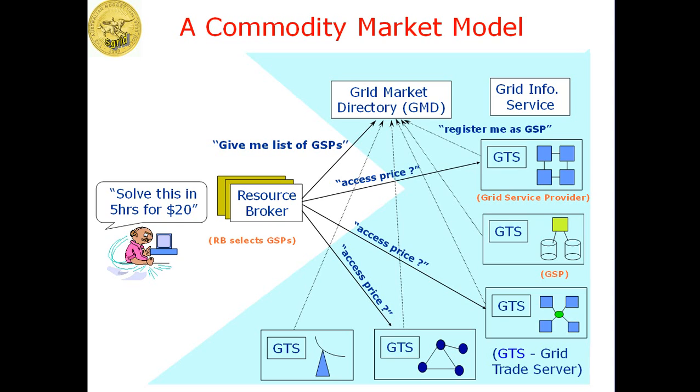Then it can make a decision about the application based on the lowest price. One GSP is selected to run the application, and the GRB starts negotiation with the GTS of the selected GSP. This is one economic model.